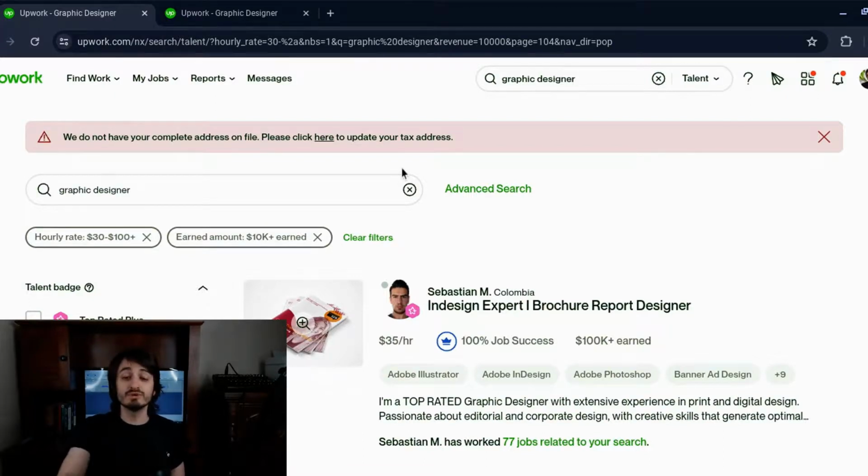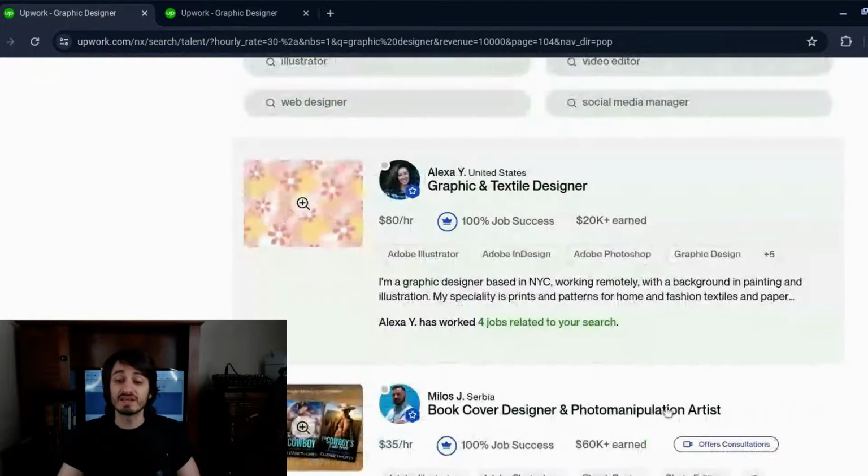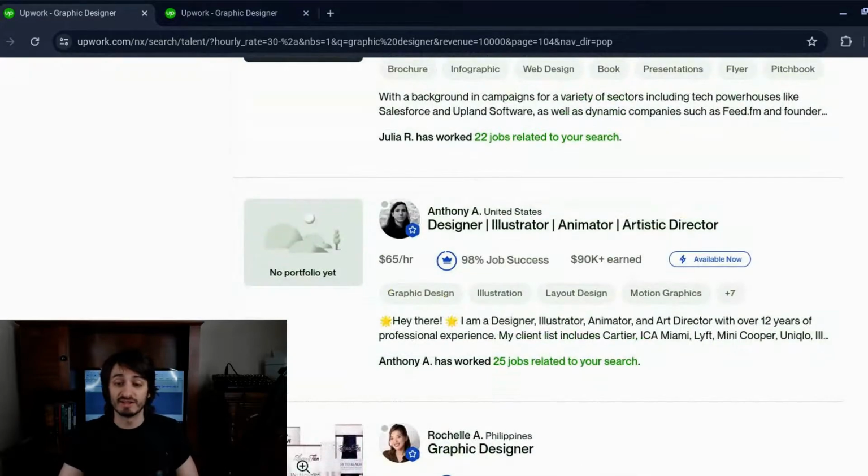Look at these beautiful profiles of freelancers who've been successful. You can find inspiration for your profile picture, your title, your bio, how to present your portfolio, or what kind of projects you could put on your portfolio, by looking at all these profiles of successful freelancers.